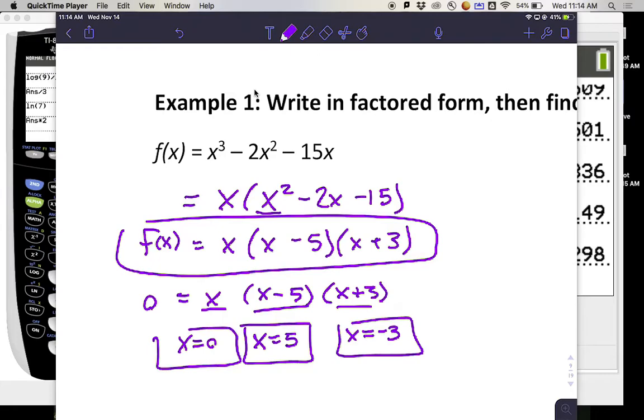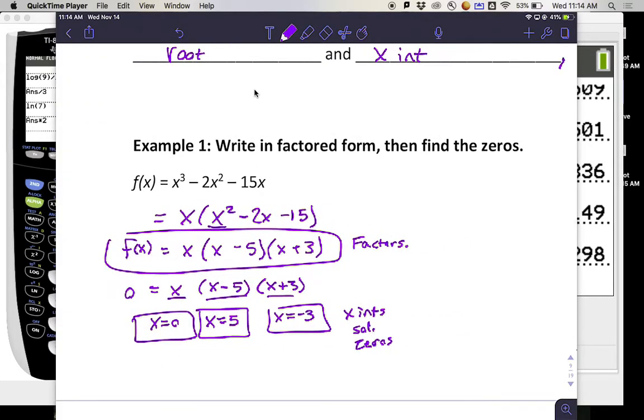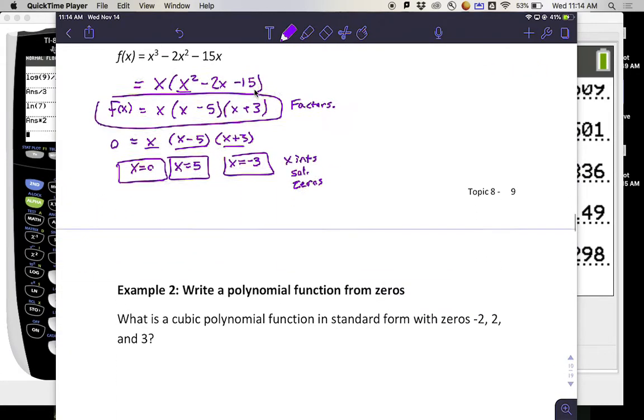So these are your x-intercepts, or you can say solutions or zeros, whatever you want to put there. And these are your factors. Really, the whole idea of today is knowing the difference between factors and your zeros. So that's all we're going to do on that one.